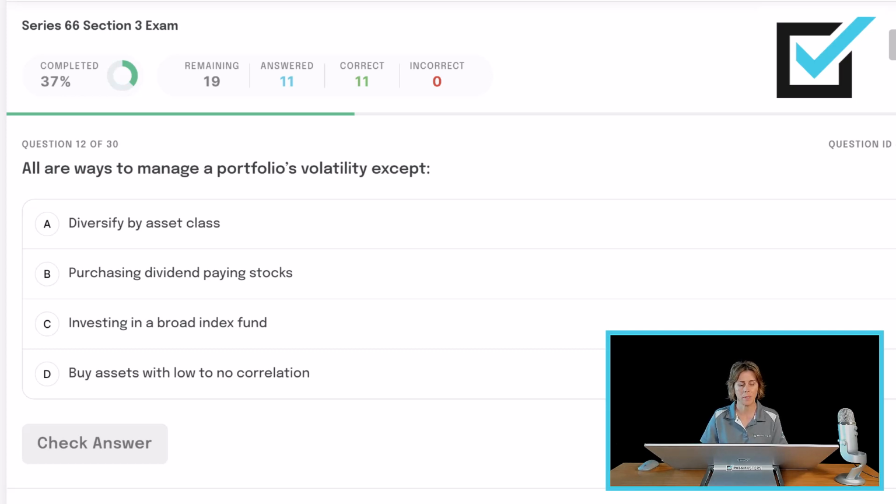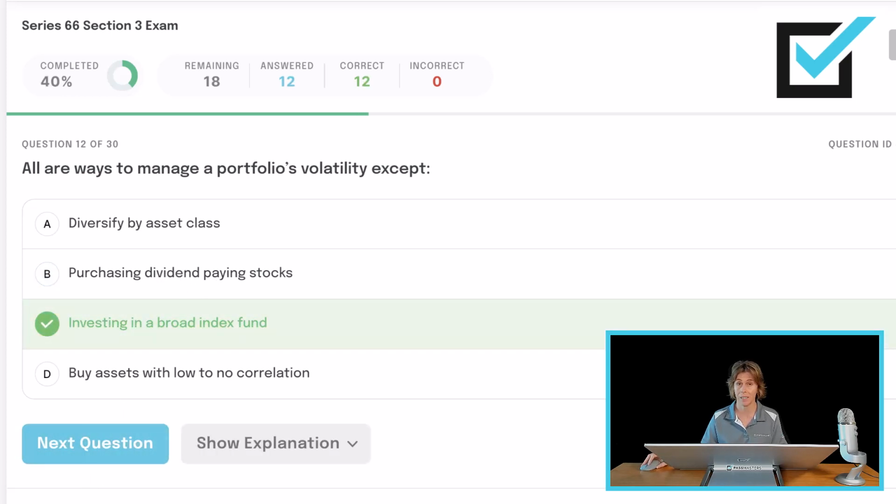Volatility is a measurement of risk. Investing in a broad index fund is in the market. There is no managing the portfolio's volatility when you invest in a broad index fund. But all of the other choices would be ways to manage a portfolio's volatility. Investing in a broad index fund is not.